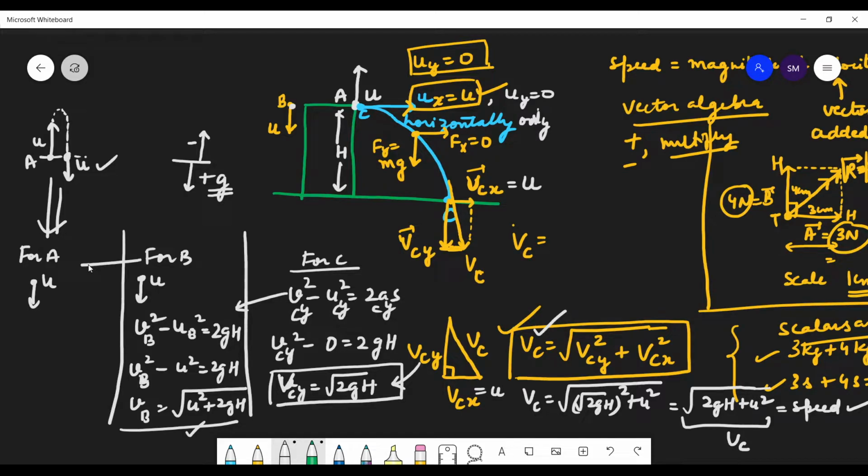So then it will become the same case, right? So this way VA will also be the square root of u square plus 2gh. So you can see that the speed, magnitude of velocity, all three of them have same speed. So VA is equals to VB is equals to VC.